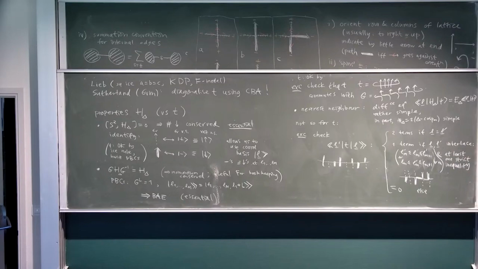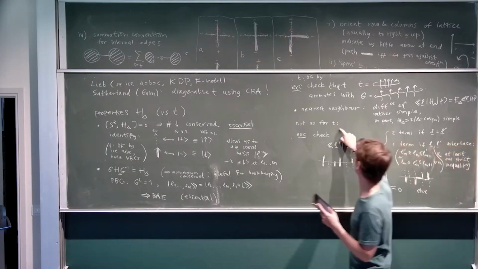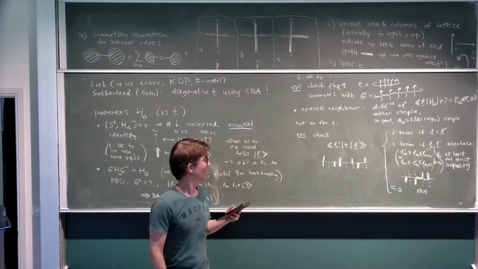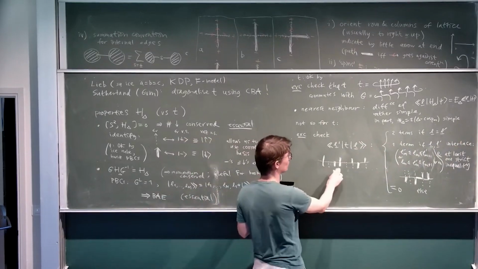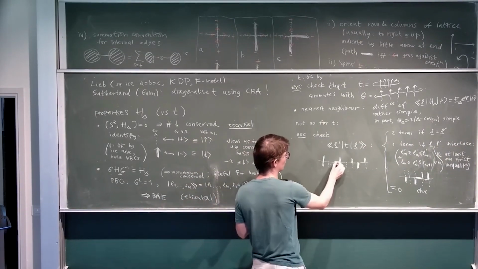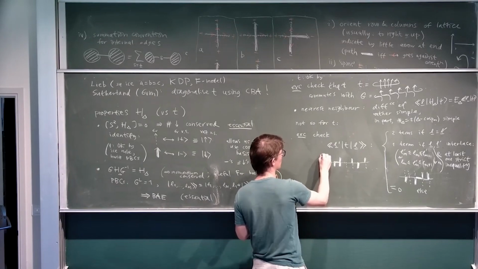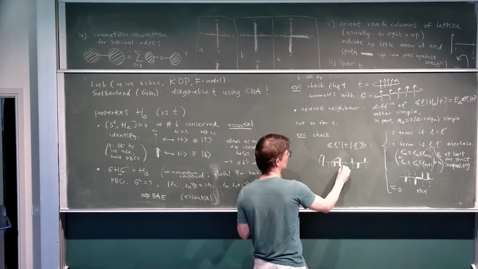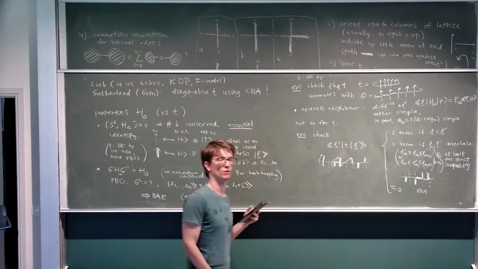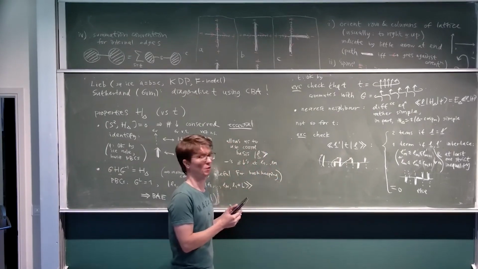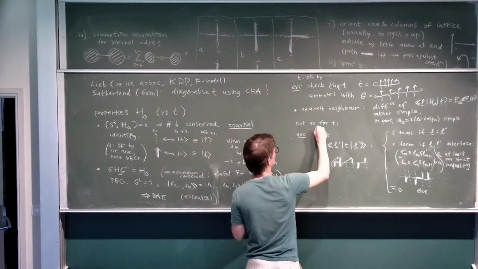So very nice and easy. What do you mean by not so simple for T? I thought you meant it's not so simple. Right, well, it is simple, but it's not nearest neighbor. What can happen here, for instance, is that this would go here. You can think of this spin as hopping. This guy hops to the neighbor, but this one hops all the way over there. So it is not nearest neighbor, but still simple.